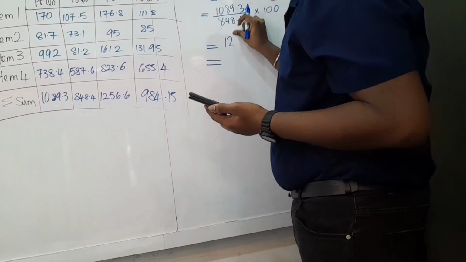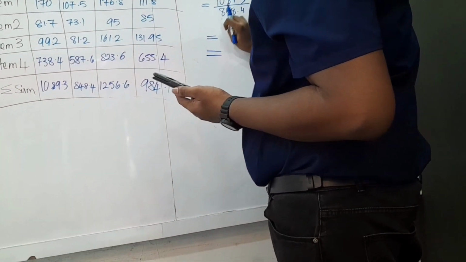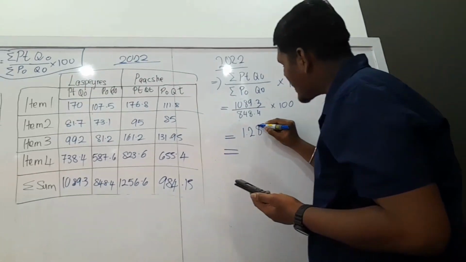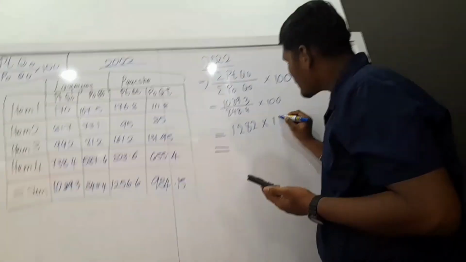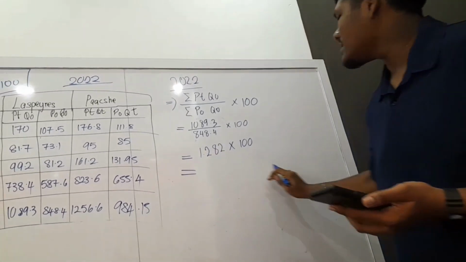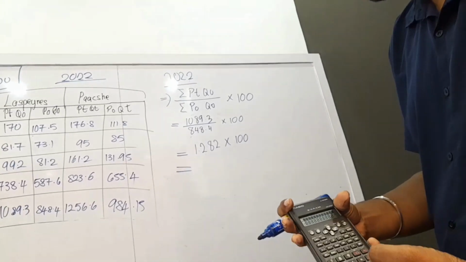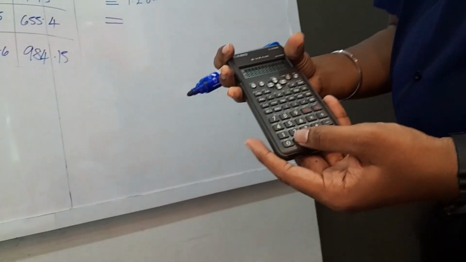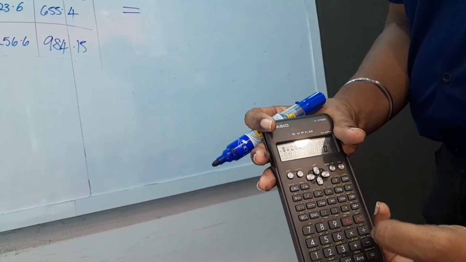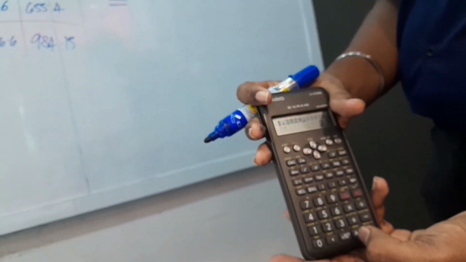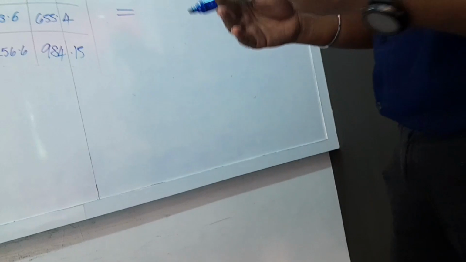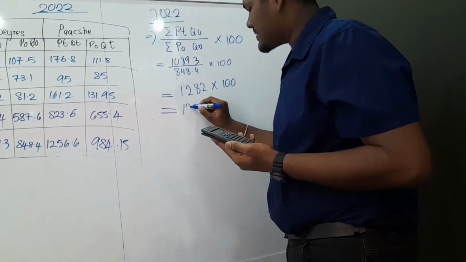I'm sorry guys. 1.282 times 100. Now we have to times this with the answer. So this is the answer.